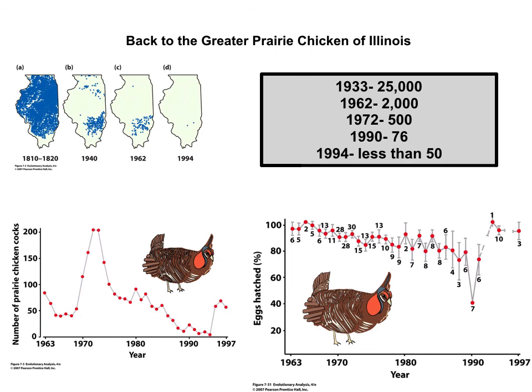By the 80s, the few prairie chickens that had survived in Illinois were trapped on these small islands of prairie in a sea of farmland, and that isolated each of these populations from each other. So when you have these small populations with little or no gene flow, this is the exact sort of setting where genetic drift is most powerful.